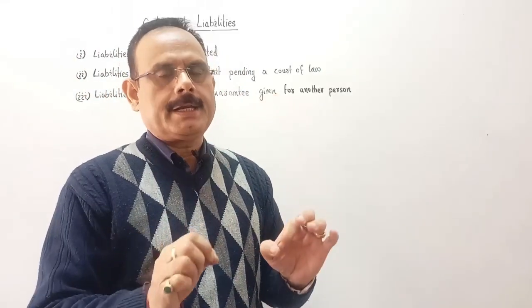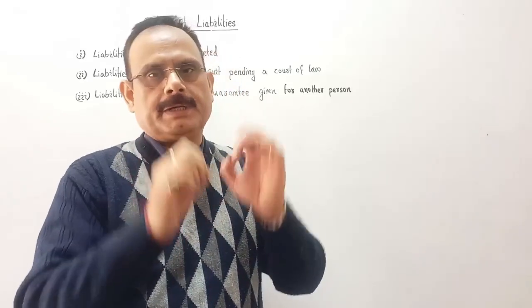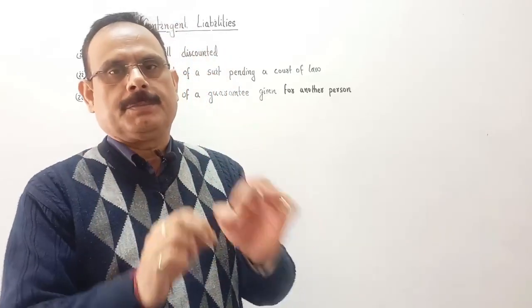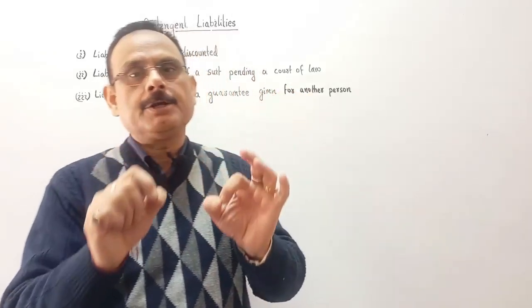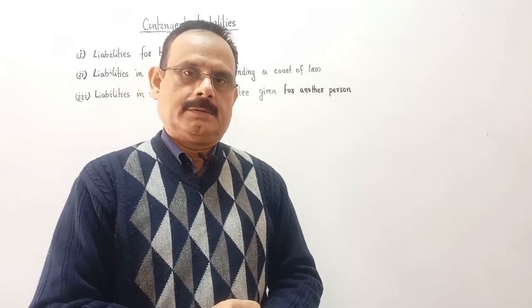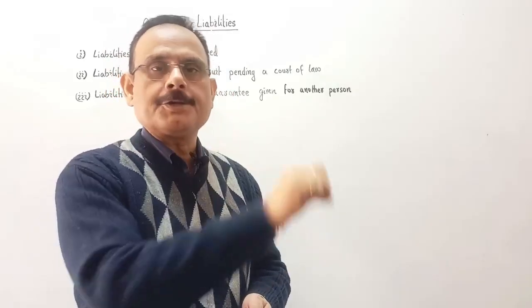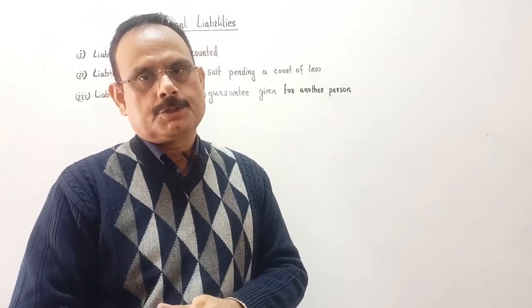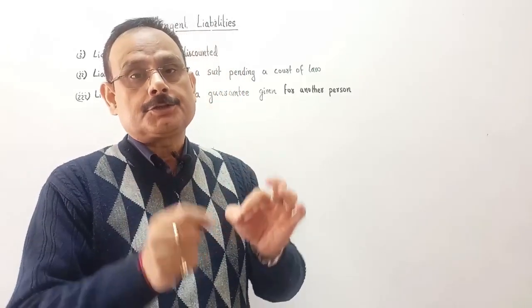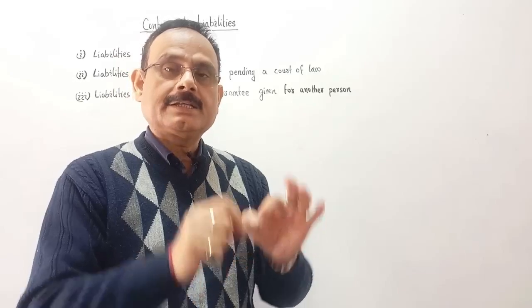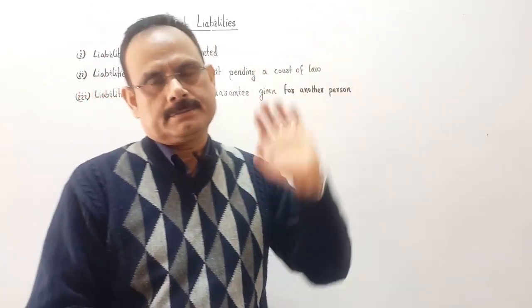On the due date, if the acceptor of the bill, means drawee of the bill, failed to pay the amount of the bill to the bank, then in that case the drawer is responsible to pay the amount to the bank.